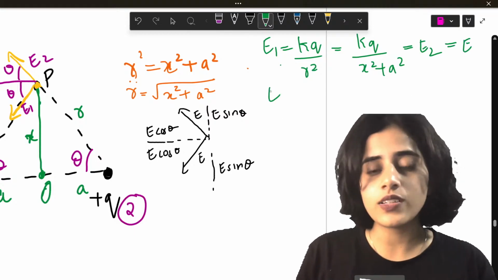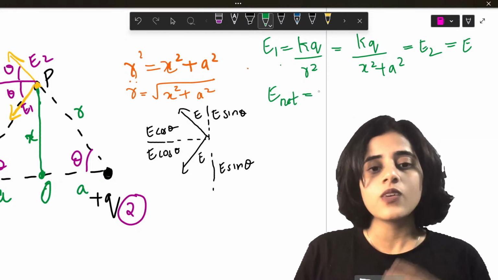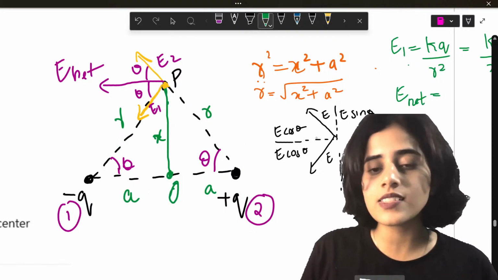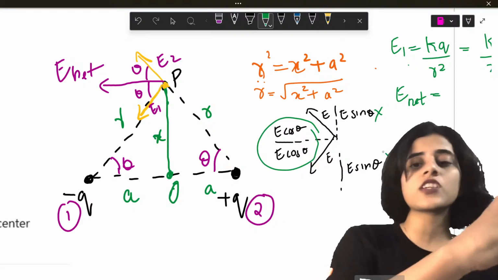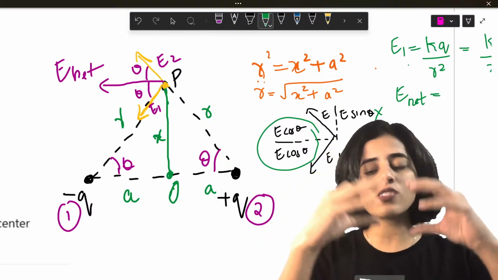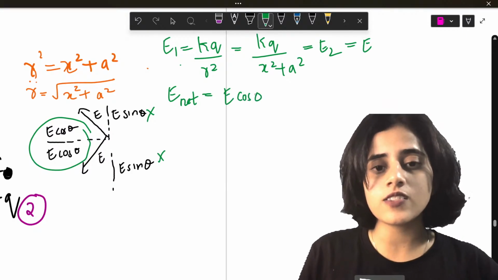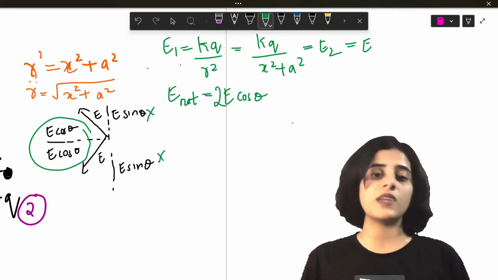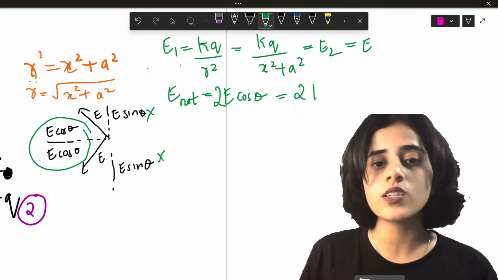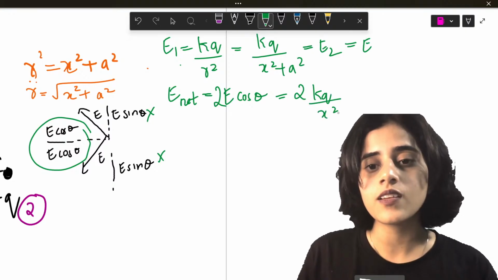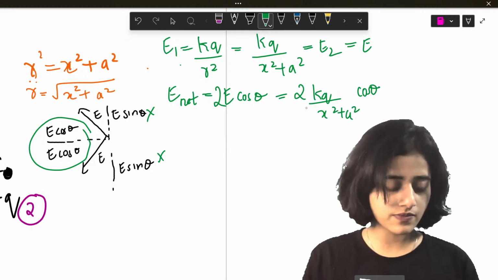Now, the net electric field is going to be equal to what? These two will cancel. So the net electric field is going to be equal to E cos theta plus E cos theta, which is going to be equal to 2E cos theta, which is equal to 2KQ over x square plus a square times cos theta.